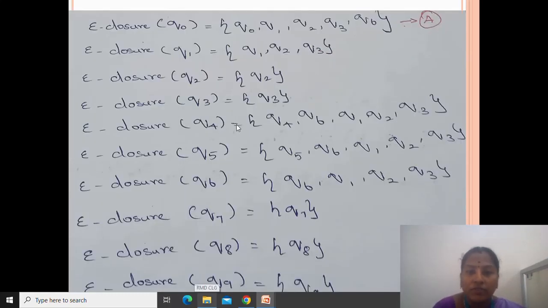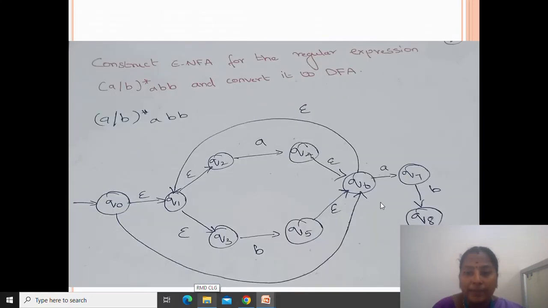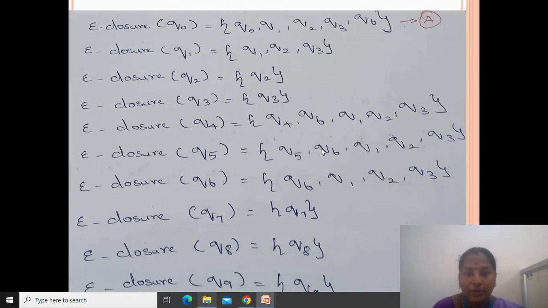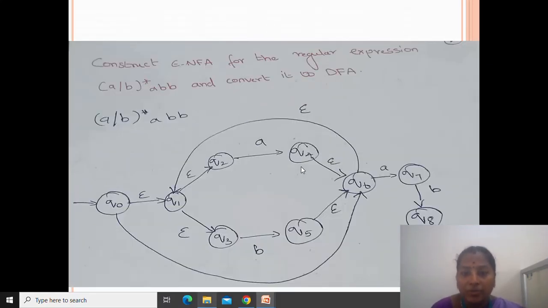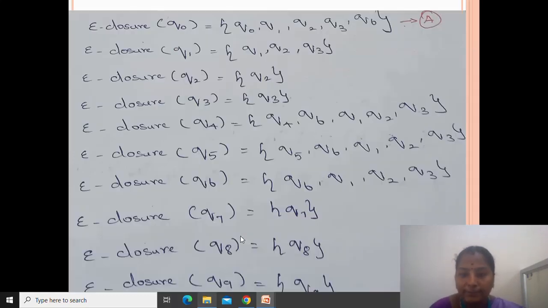Then epsilon closure of q4 means you include q4, and from q4 it goes to q6, from q6 it goes to q1, and from q1 to q2 and q3. Next, epsilon closure of q5: the initial state is q5, from q5 it goes to q6, from q6 to q1, and from q1 to q2 and q3.